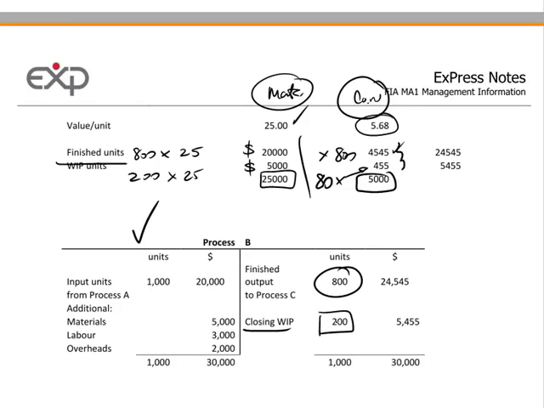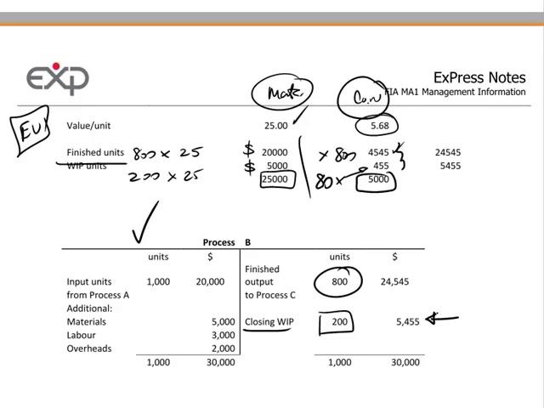These are not equivalent units, these are 200 partially completed units. We had to use the equivalent unit table here to assign a dollar value to that closing WIP, to those 200 units.